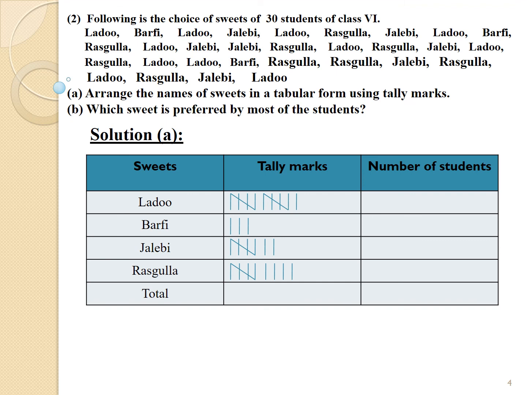For the third column, you have to count the tally marks for each and every item, and you have to write the answer in the third column. So students, count the tally marks for laddu properly and write the correct answer in the last column, that is the number of students.